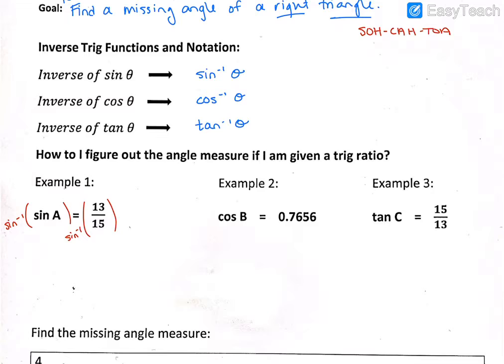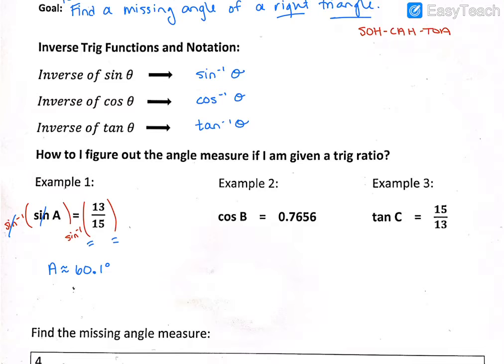On the left side, your sine and your sine inverse cancel, and you're left with A. On the right side, we type that exactly into our calculator the way that we see it. Make sure to use those parentheses because if you don't, it's not going to work. So sine inverse, second sine button, and then type in 13 divided by 15 and close that parenthesis. It should come out that A is approximately 60.1 degrees.